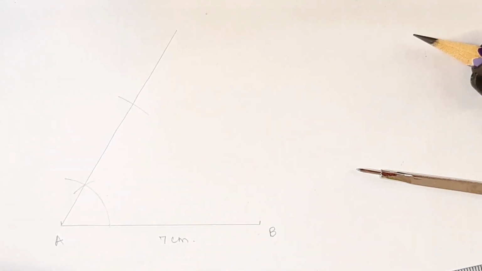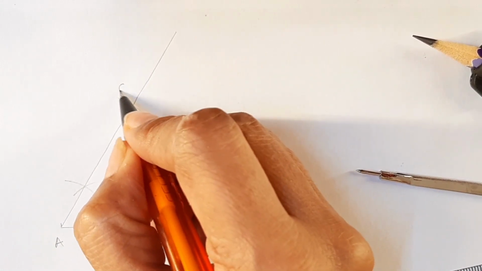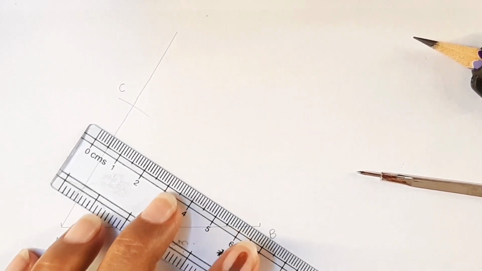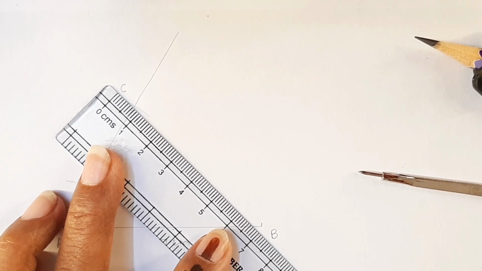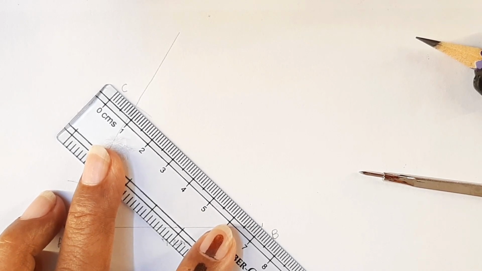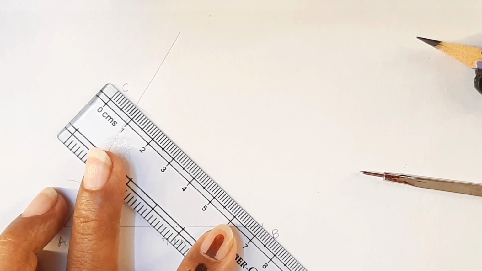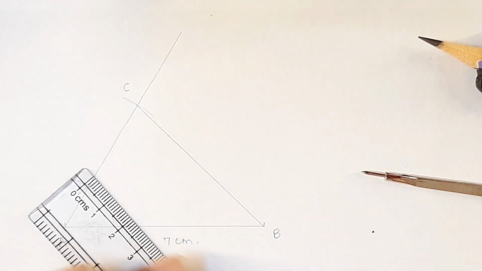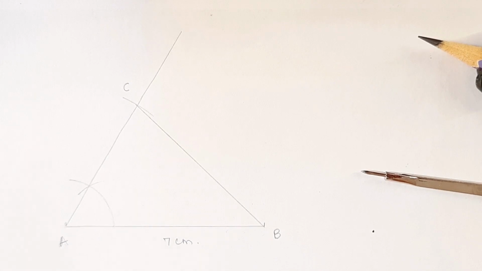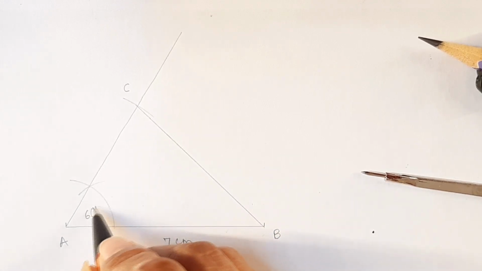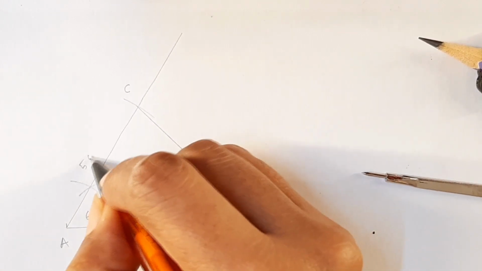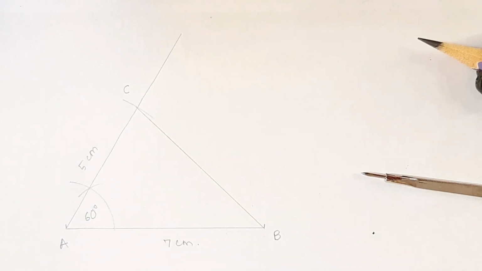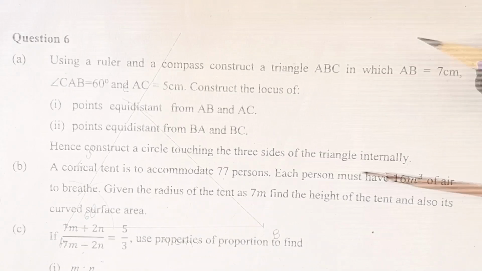That is how we get our point C. Then we join BC. And so our triangle is complete. This is our 60 degrees. This is 5 centimeter. Now we look at our question.